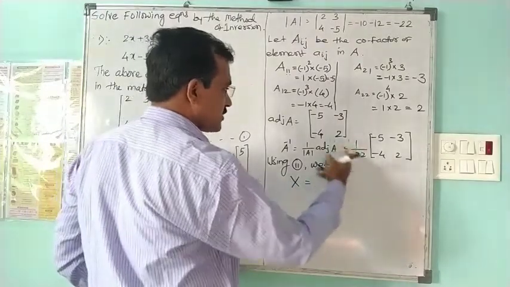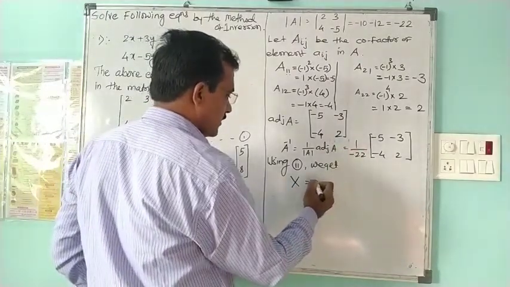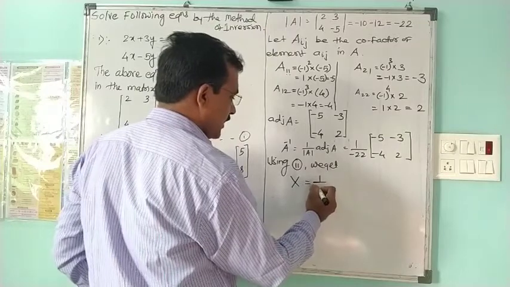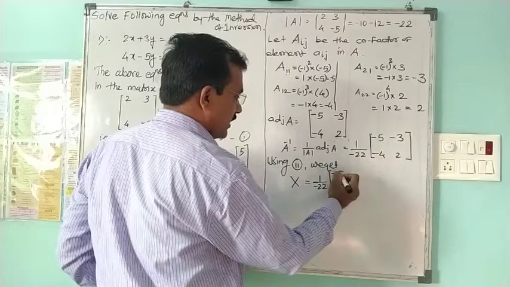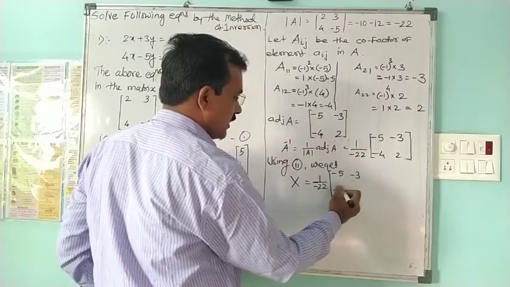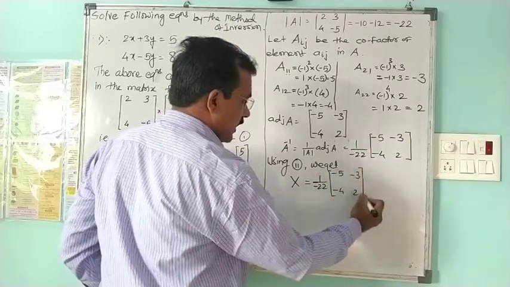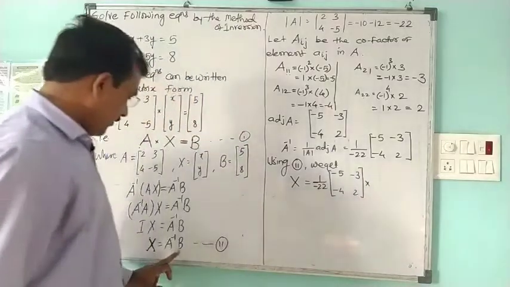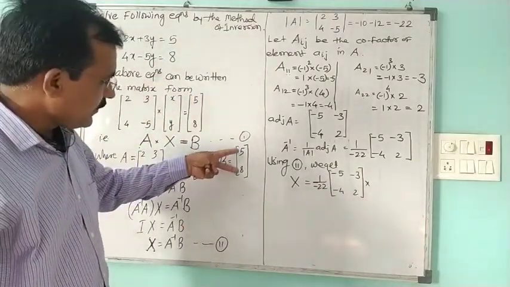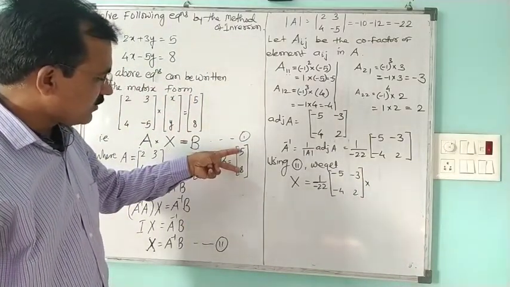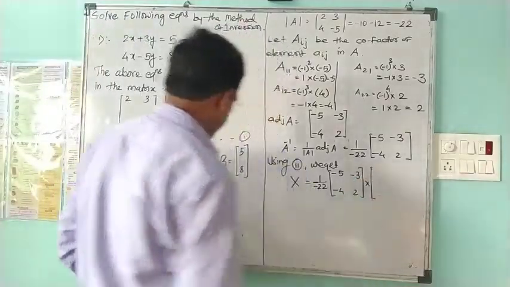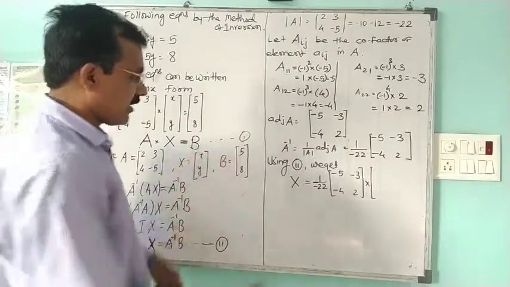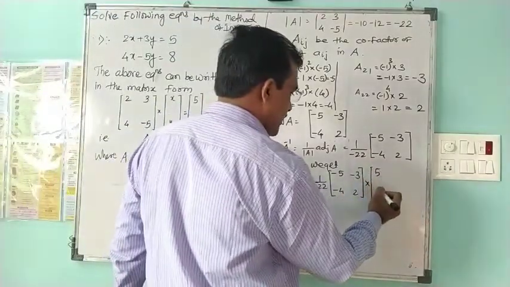In place of A inverse, we have 1 upon minus 22 with the 4 elements minus 5, minus 3, minus 4, 2, and this is multiplied with the B matrix. What is B? B has these 2 elements in column form. So B is in multiplication with A inverse. The elements of B are 5 and 8.